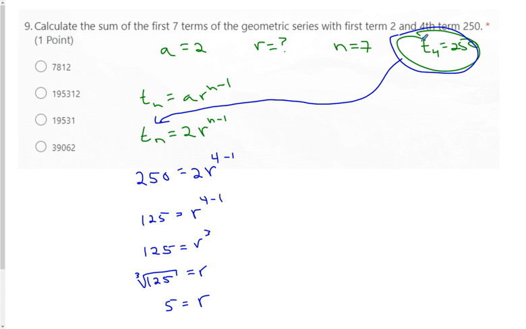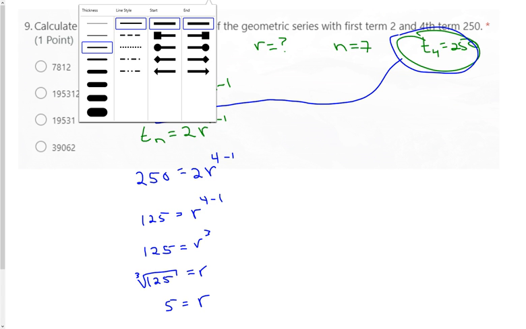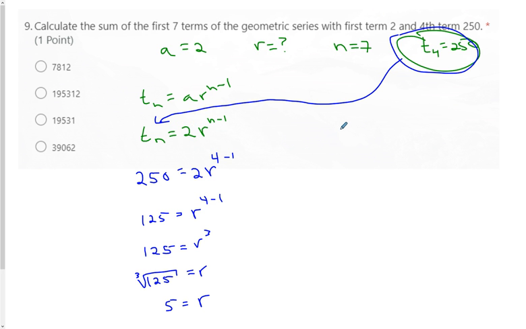Now we've got to find the sum, right? Because that's what this question is really asking us. So let's do it. We have all the information we need. The geometric series sum formula looks like this. Not my best writing, but you get the idea. Let's sub in.